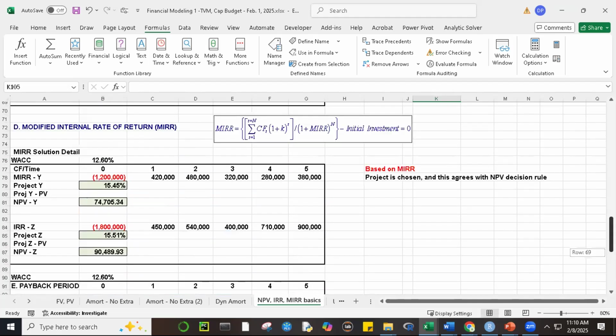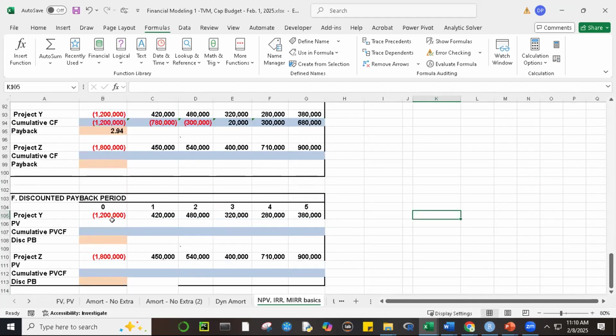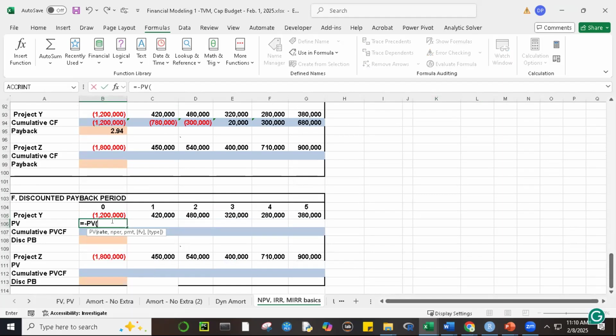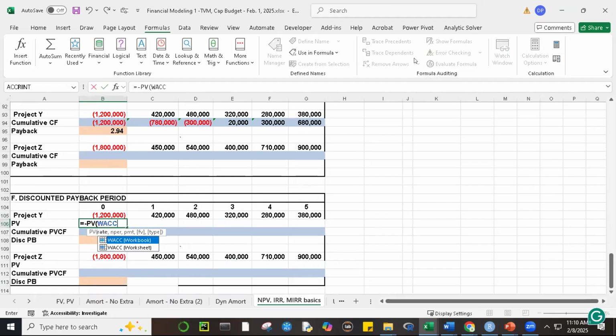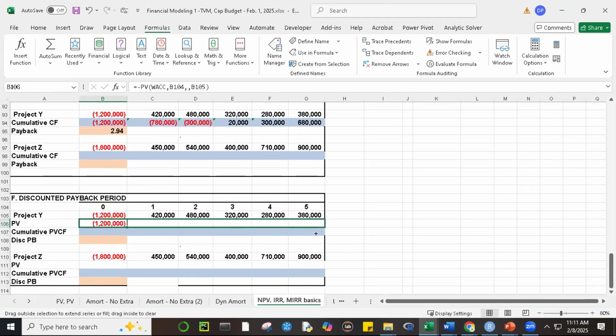So what we can do is get again the PV. It's equal to negative PV. The rate is your WACC plus NPR is this one, comma, no PMT. Future value is this one. Okay, we're just repeating this one, and copy it to the right.